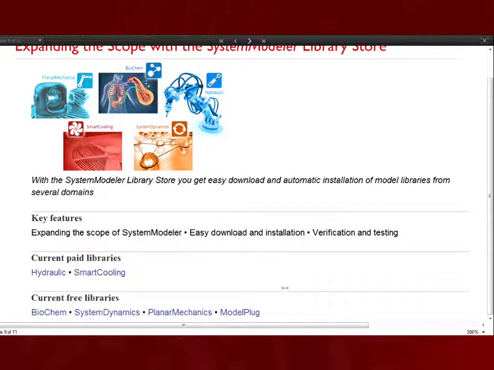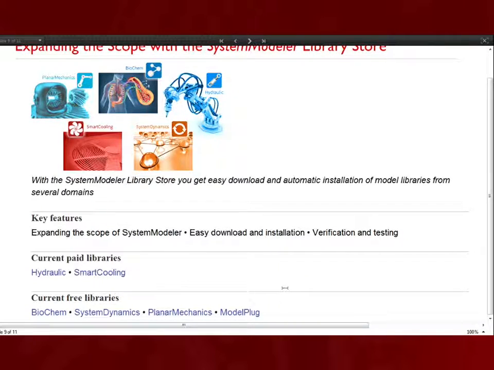So this is one of the main reasons why we created this: in order to go piece by piece curating the libraries and make sure that they're fully tested with SystemModeler, so that we can guarantee not only that they're working, but also that the documentation and the examples available are good.